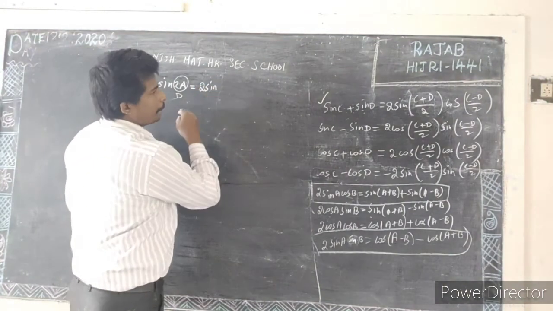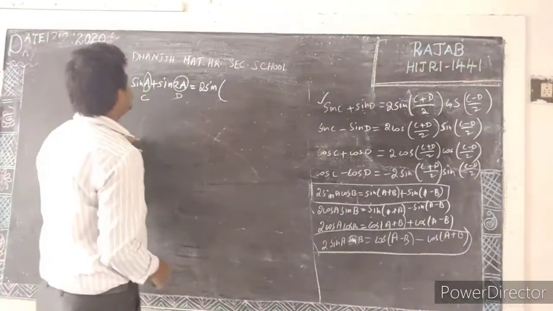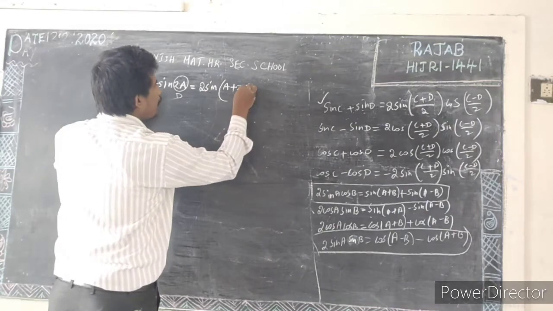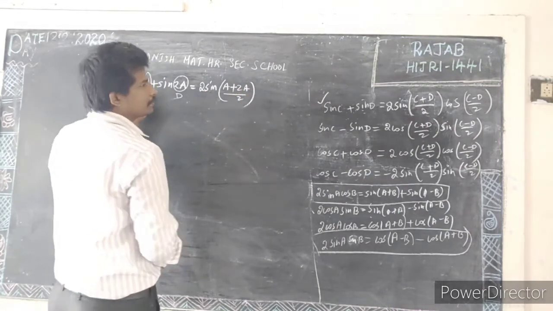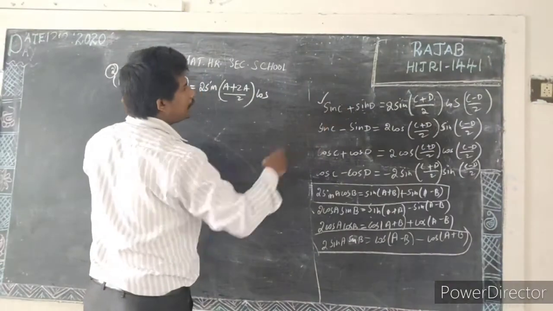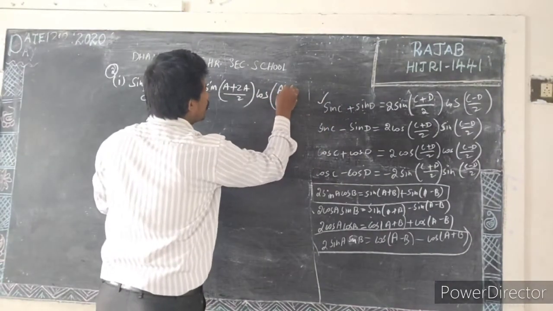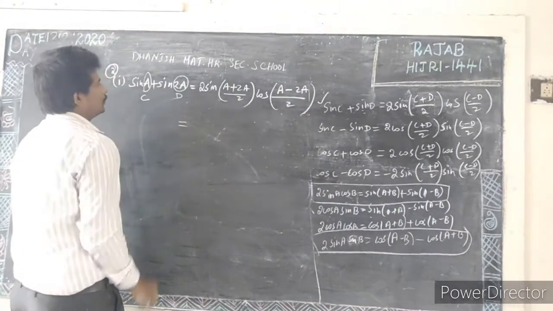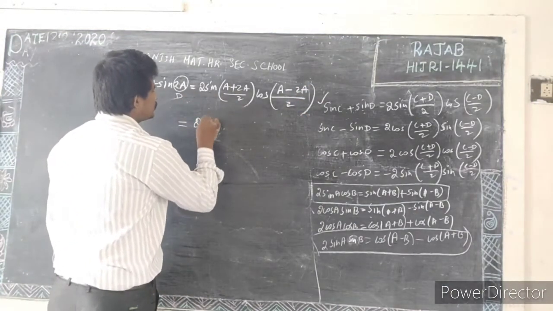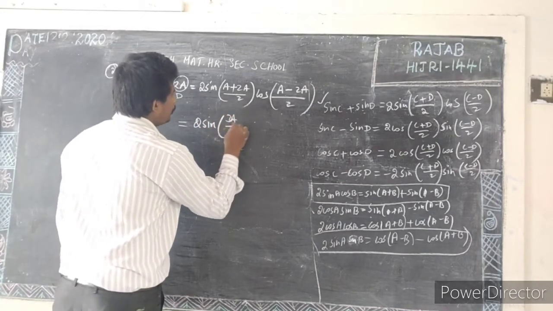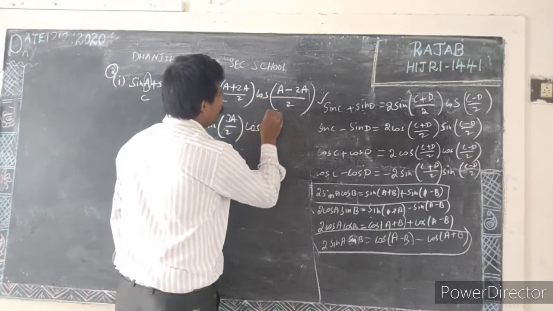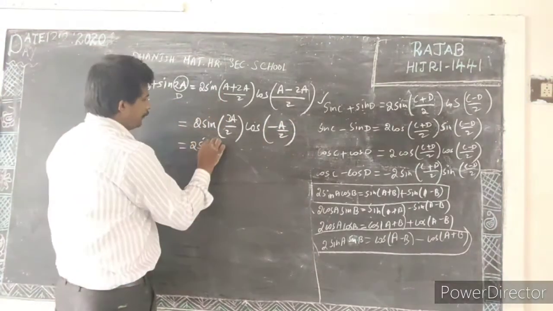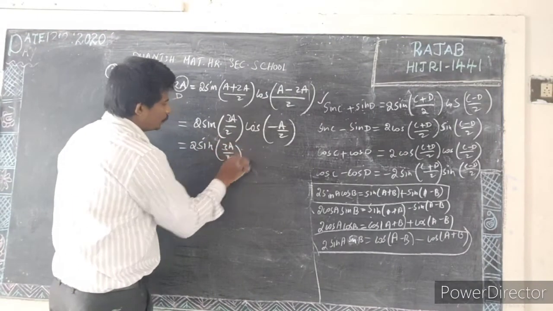2 sin c plus d. Here our c is a plus d, 2a by 2. Cos c minus d, a minus 2a by 2. So 2 sin 3a by 2 cos of minus a by 2. 2 sin of 3a by 2.